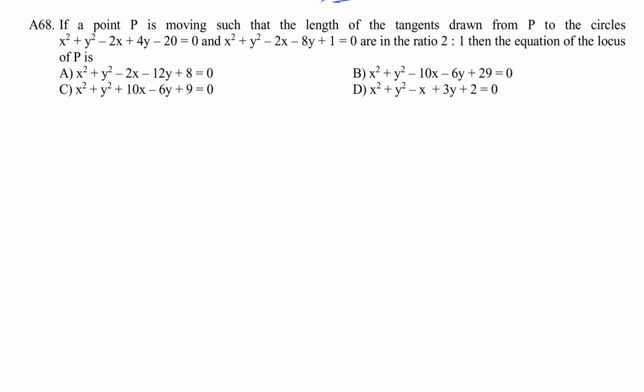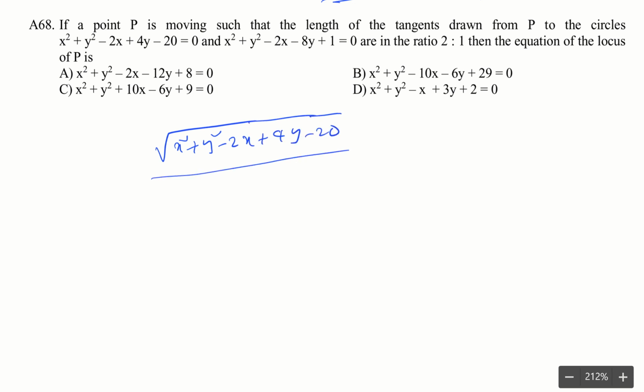So this is an obvious one. It is simply the length of the tangent from P to the first circle, that is root S11. If I assume P as x comma y, then it will be x square plus y square minus 2x plus 4y minus 20, by the length of the tangent to the other circle, x square plus y square minus 2x minus 8y plus 1, is equal to the ratio 2 by 1.